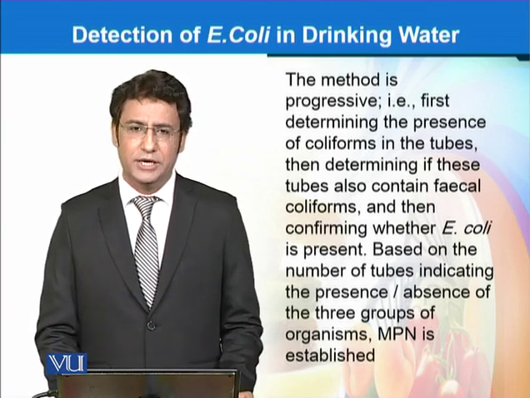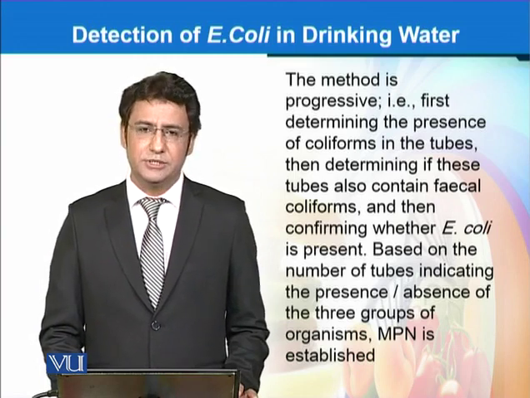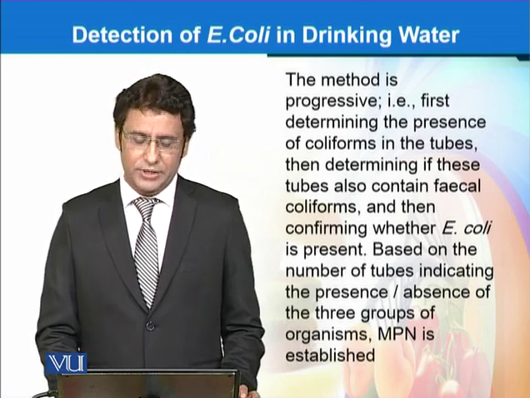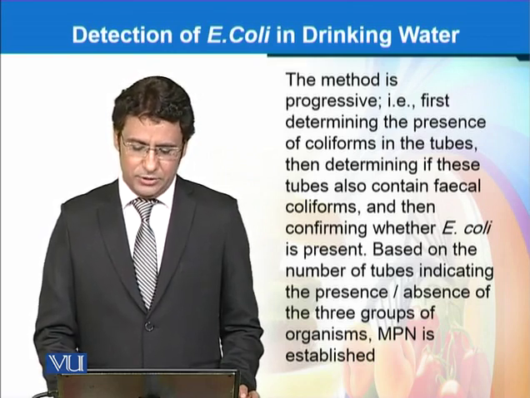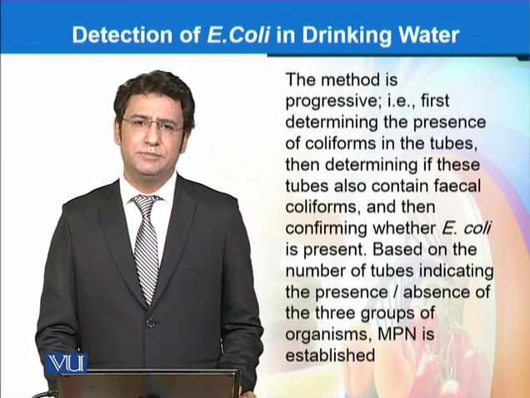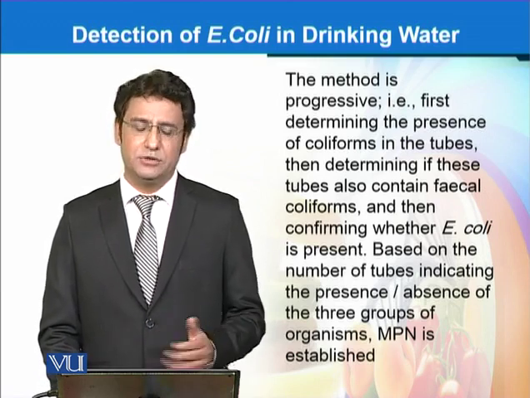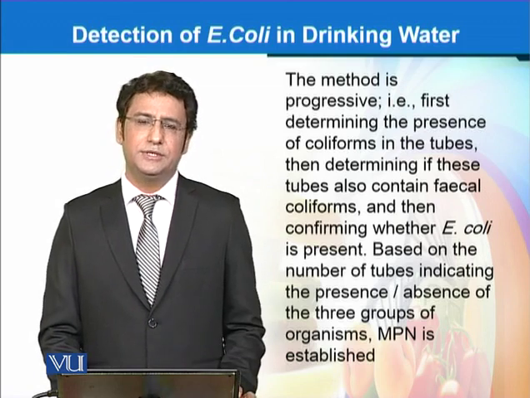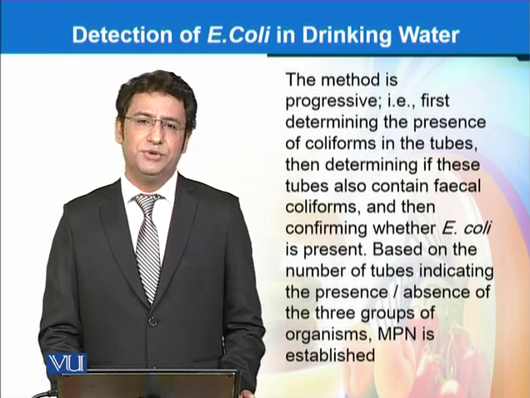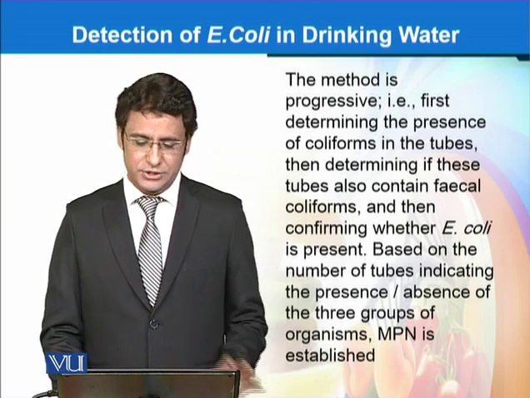At first we need to look at whether the E. coli is present inside the food or not, and then we look at whether there are any fecal coliforms present, and then in the third step, we can confirm the presence of E. coli by other different tests. And then we use this statistical table, this most probable number, by which we get to know the possible amount of these microorganisms present inside the food.